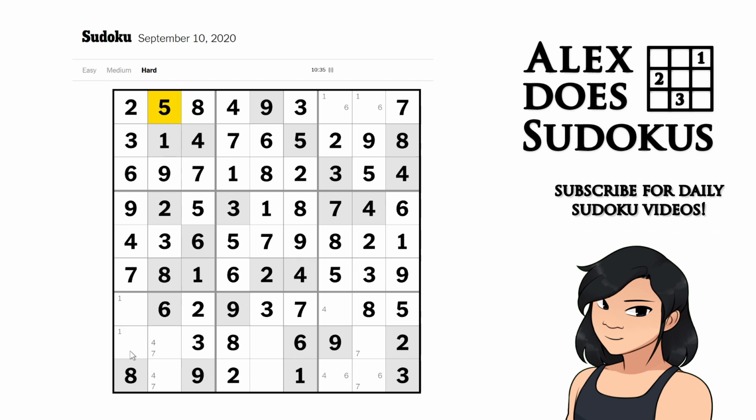Also, I've got 5 up there, so 5 and 1 are resolvable, and that 5 is locked in here as well. And this is now a 4, so 4 is also locked in here and here, so that's a 7. So 7, 6, and finally a 1, and 1 and 6.